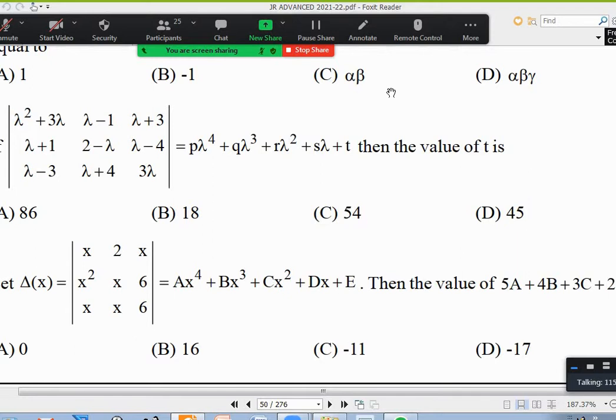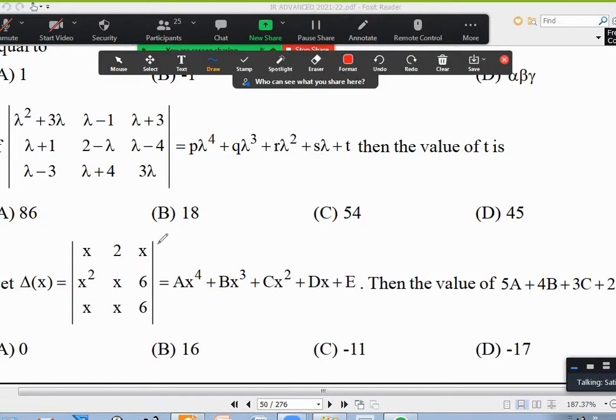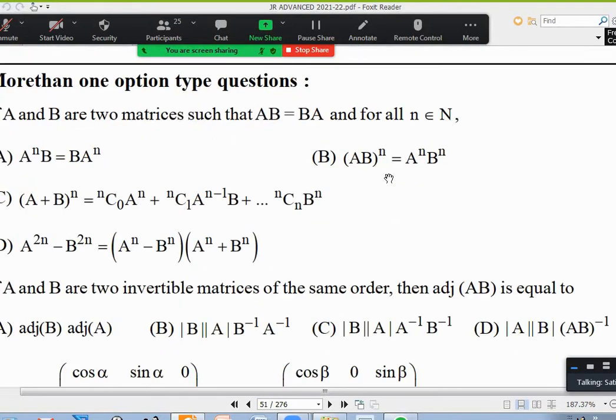Yes, sir. Okay, 20th question, anybody have an idea? So directly expand. Yes, I would prefer to just expand the LHS. Just expand, and then x into whatever is there, that is d, x square into whatever is there, and properly compare the coefficients. Equate the coefficients. Nothing much.